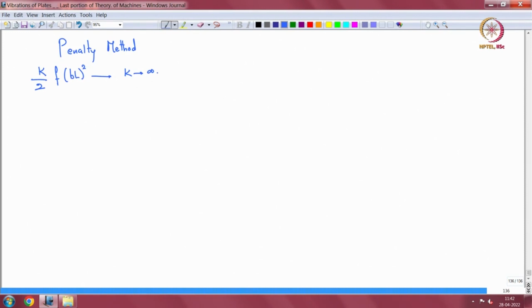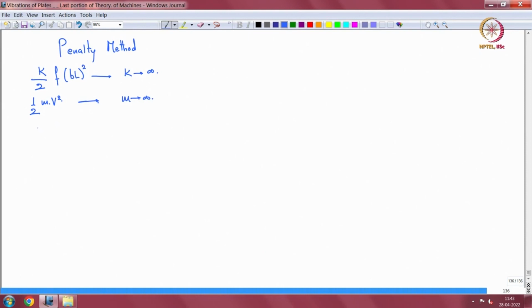You can also put a mass over there, a half m v square type term, where you have a kinetic energy. That also will do the job. In this case, m is sent to infinity.